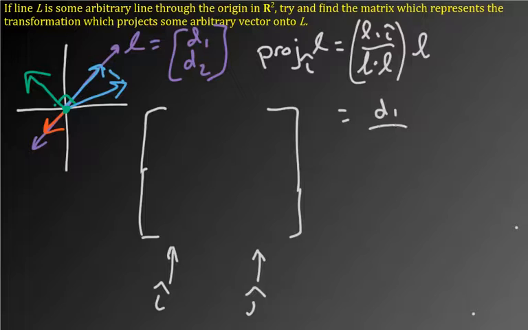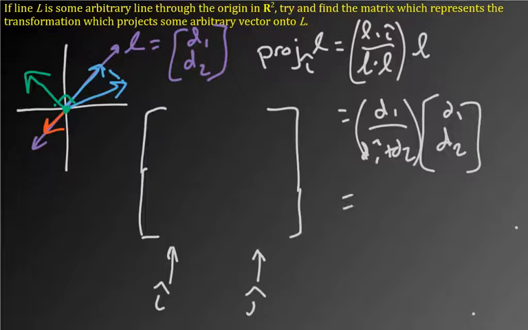And then L dotted with L would just be d1 squared plus d2 squared. And then you're multiplying that times d1, d2.